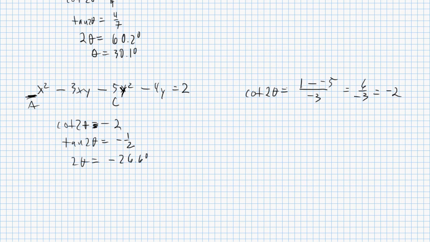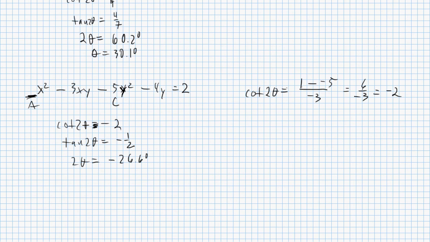Well, the thing is that our rotation angle wants to be the smallest acute angle possible. So we don't really want to have a negative rotation angle. So what we're going to do is add 180 to that to get the same angle, and get 153.4.